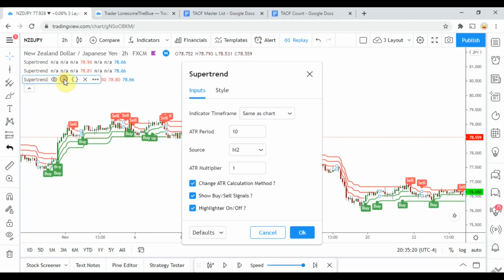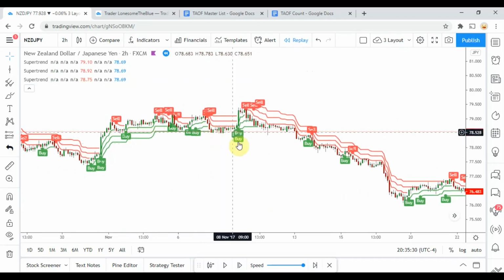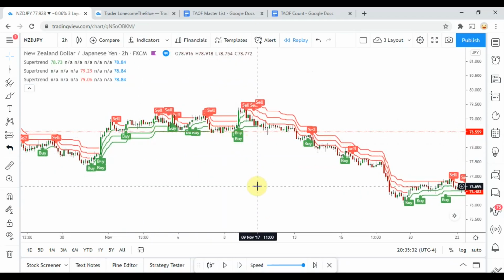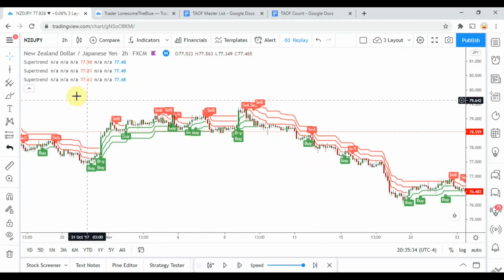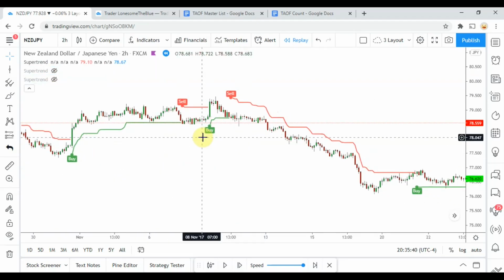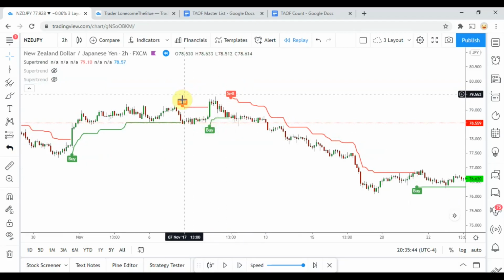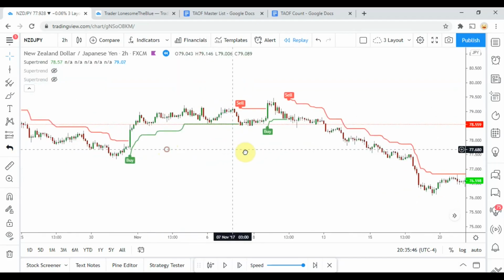And then we have the third, which is set on the ATR period of 10 and the ATR multiple of 1. And so what it creates is this nice little fanned out type effect for the super trend. For those of you who don't know the super trend, basically it typically looks something like this, where it is always telling you to be in a position, whether it is short or long.